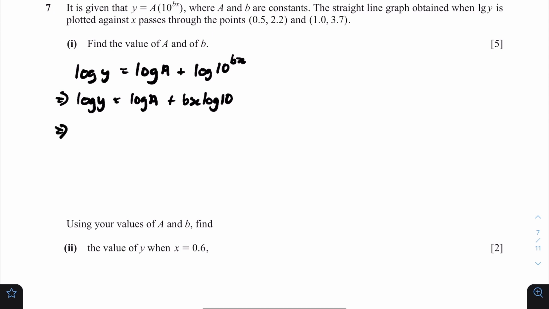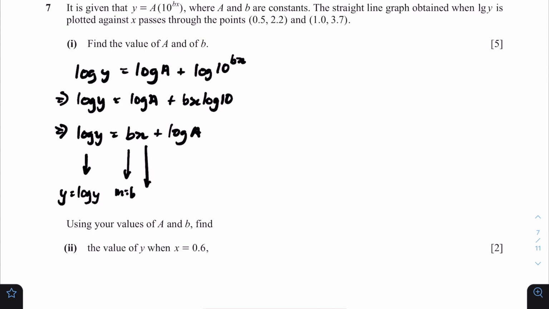And we know that log 10 is equal to 1. So we can just say log y is equal to bx plus log a. And this is in straight line form. We can just say that y is equal to log y, m is equal to b, the gradient, x is equal to x, and then c, or the y-intercept, is equal to log a.